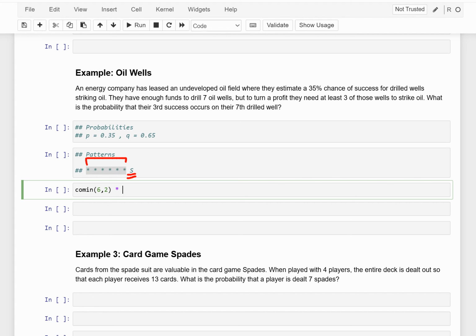Well, if there's 7 wells and 3 successes, there must be 4 failures. So, sorry, I'm taking the 0.065, that's the probability of failure raised to the number of failures power times the probability of success raised to the number of successes power.